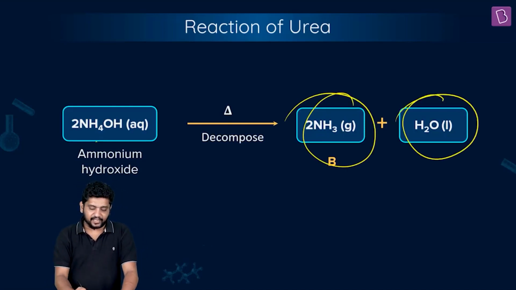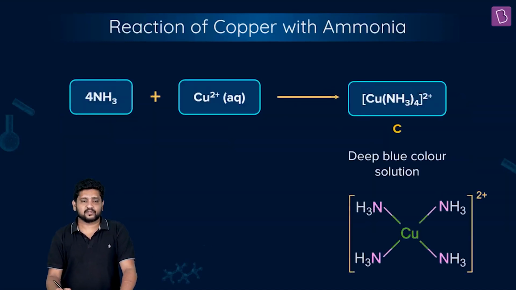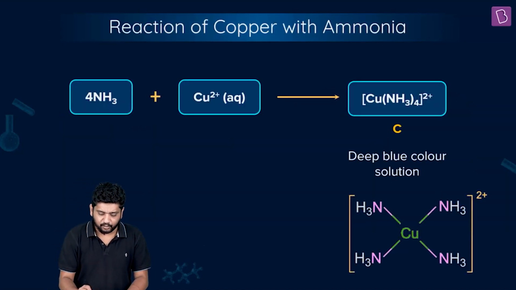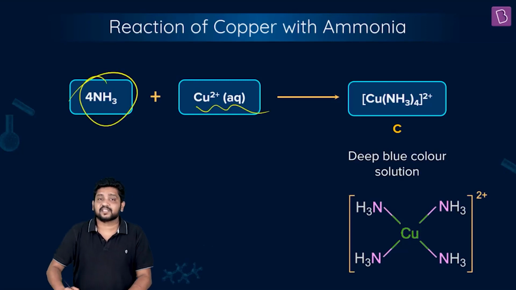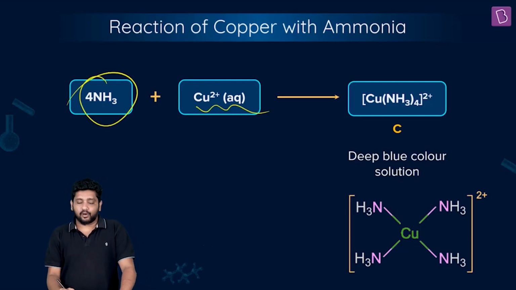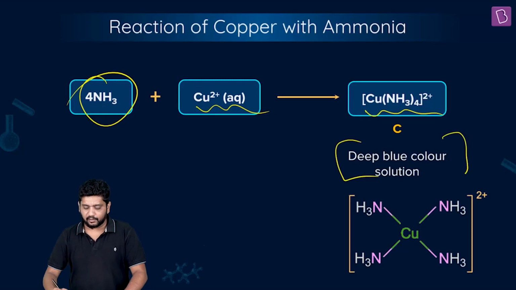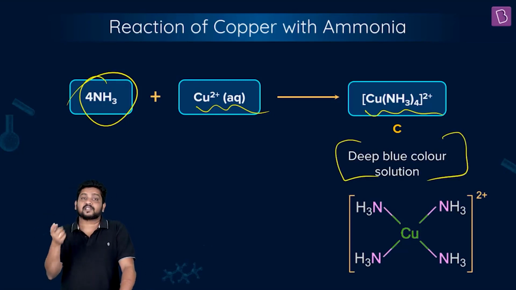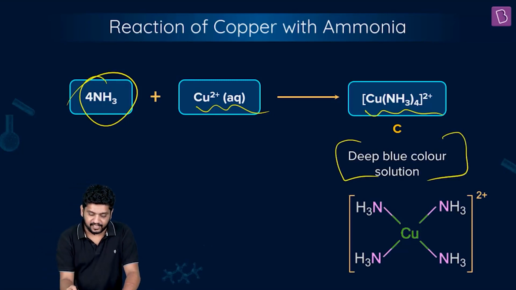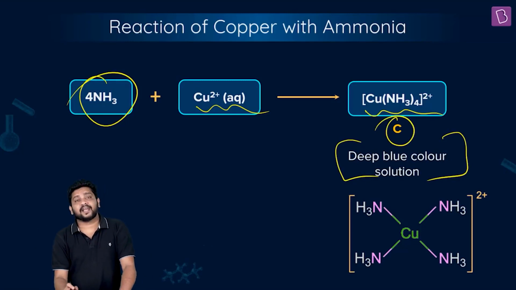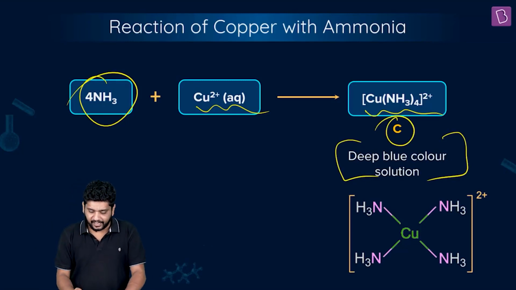After that, if you pass this ammonia gas into Cu2+ aqueous solution, we know complex formation will take place. Tetraamminecopper(II) complex will be formed, which has a deep blue color. And of course, what was asked was what is this C? This is exactly our C, the tetraamminecopper(II) complex.